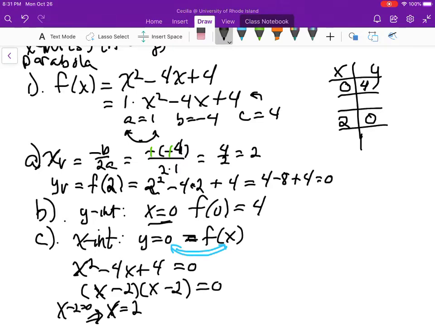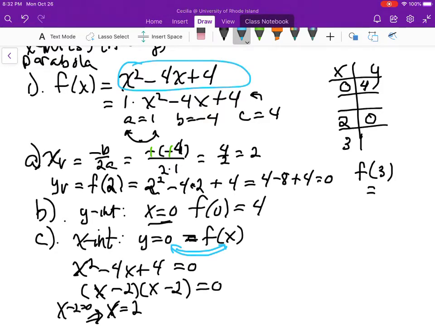Okay, so we might want to just go ahead and get 1 point bigger than 2 so we can plot this on the other side. We know this is symmetric, so maybe if we picked a number like 3, so for f of 3, just to be clear what I'm doing, I'm plugging into the function.